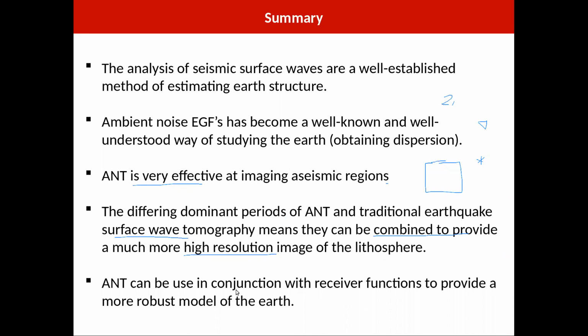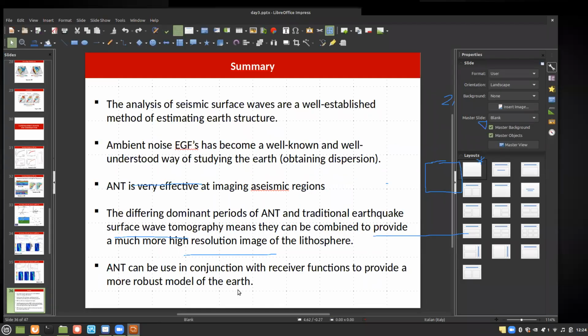We can also use it in conjunction with receiver functions to get a robust model of the Earth structure. So this is the end, and this is just to give you another idea about ways you can retrieve your velocity model, not just from earthquake signals, but also using this new and very interesting technique.